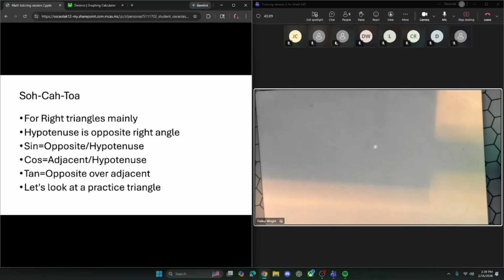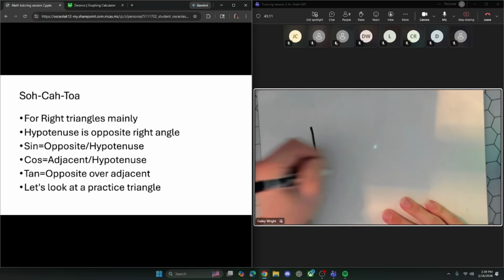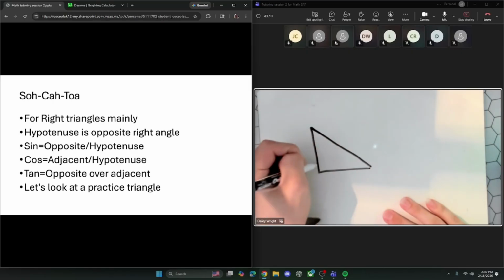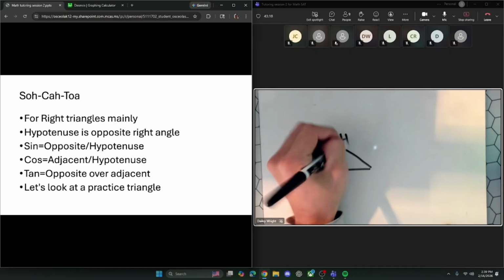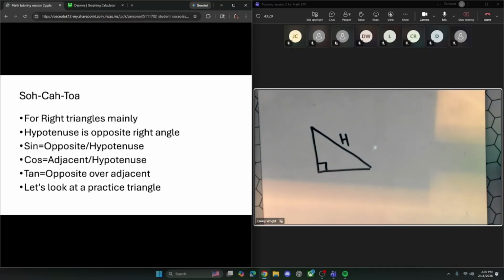So let's draw a right triangle out to show things. As I said earlier, the hypotenuse is opposite of the right angle, so that would be H. And then sine of an angle would be opposite over hypotenuse. Cosine would be adjacent over hypotenuse, and tangent would be opposite over adjacent.